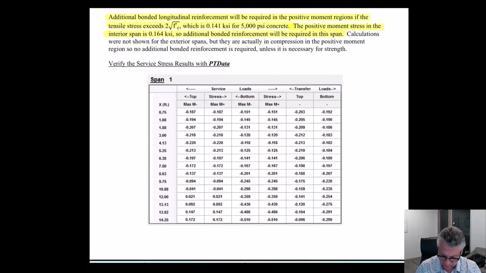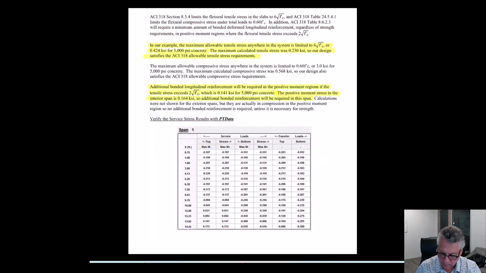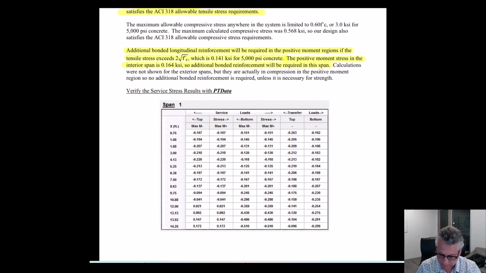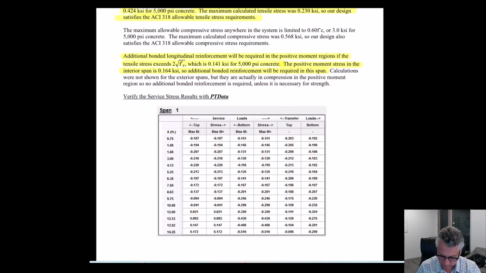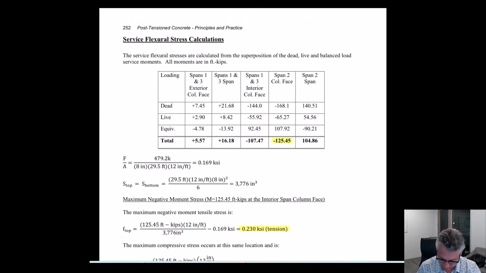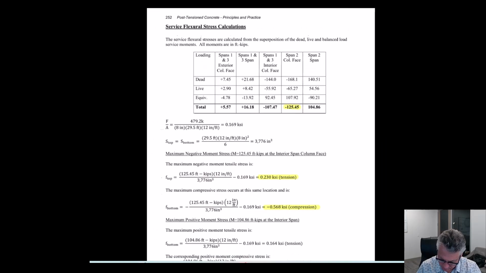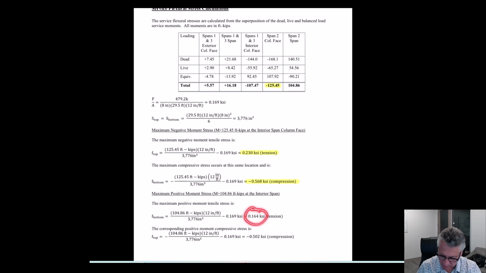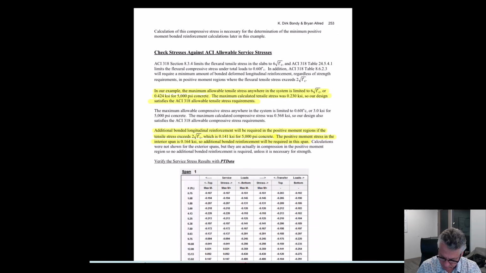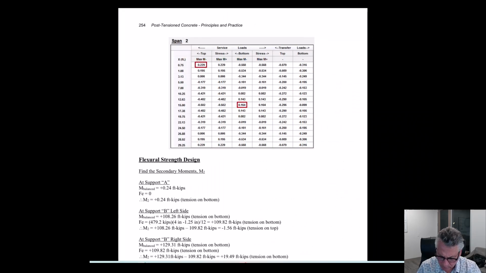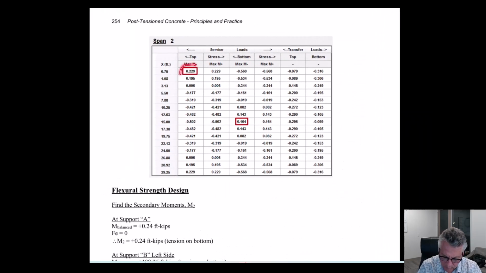So we can verify those service stresses. 230 on top, 164 on the bottom. 229 on top, 164 on bottom. Pretty close. Pretty good.